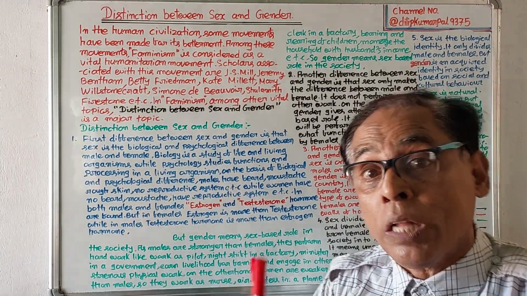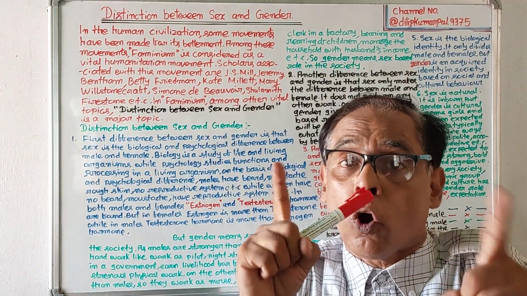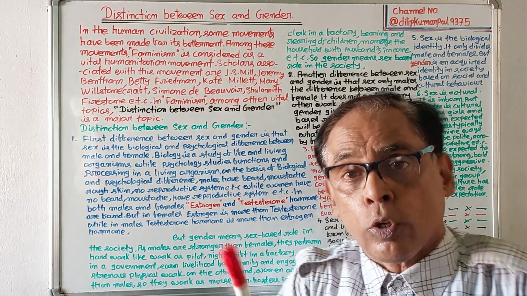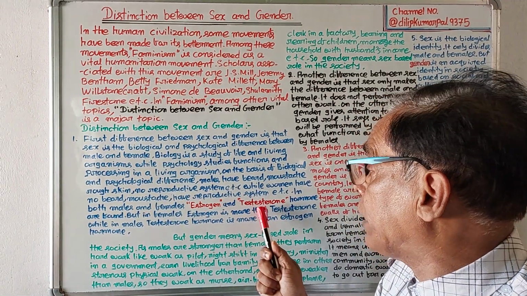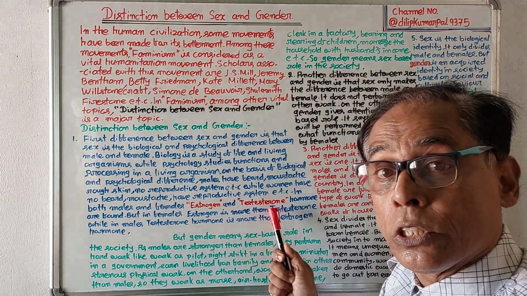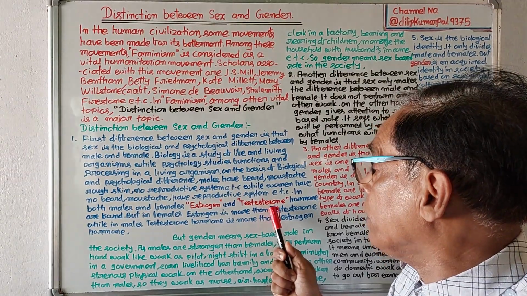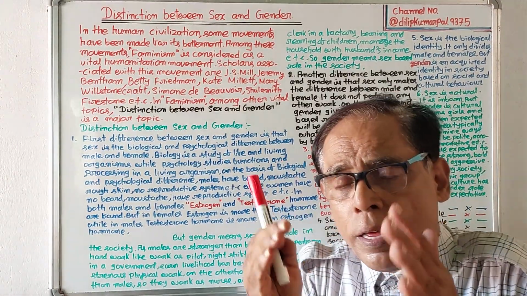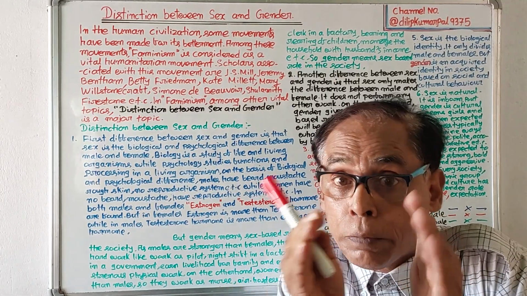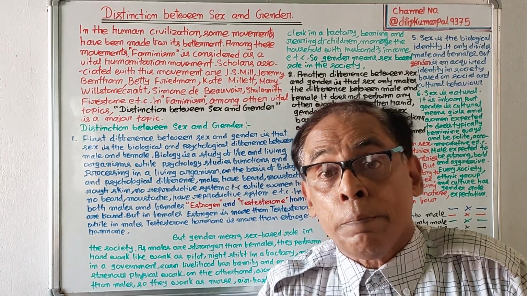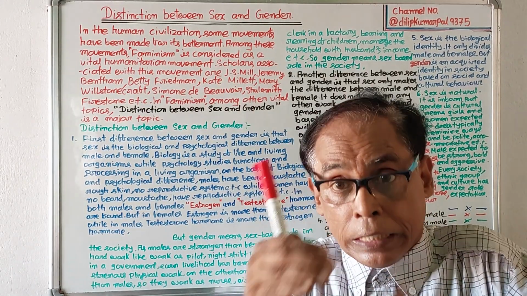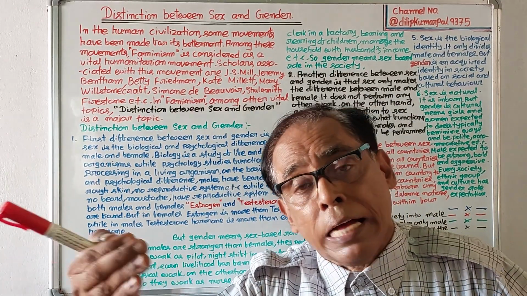In both male and female, two types of hormones are found, estrogen and testosterone. But in women, estrogen is more than testosterone, while in males, testosterone is more than estrogen.